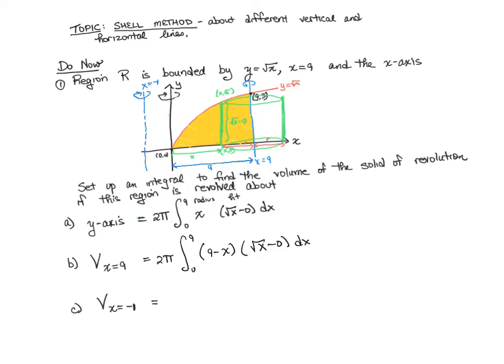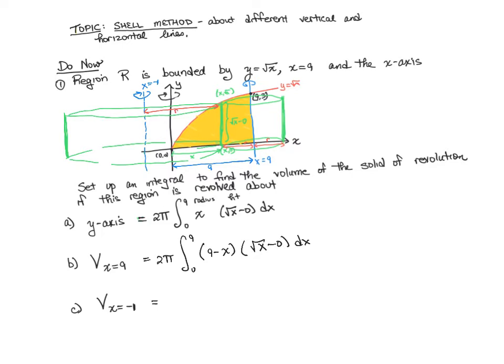Keeping the same vertical rectangle, we have a bigger gap between x equals -1 and the rectangle. So the radius would be from the axis of revolution to the rectangle. So I have to leave a big gap, and we've got a very, very wide shell going this way. Notice that the radius of this shell is always from the axis of revolution.